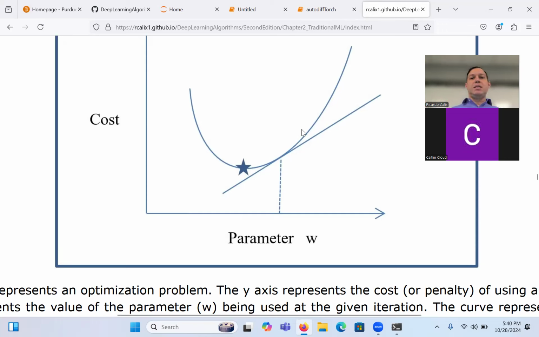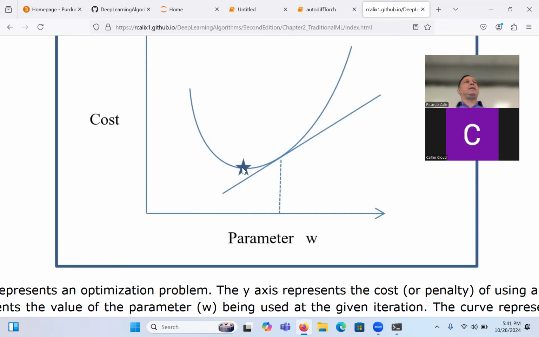If it's small, you take very small little steps going down. If you have a very large learning rate, boom, boom. If it's a huge step, you're going to do that and never actually hit the star because the step is too large. Do you see that? That's the whole intuition of this process.